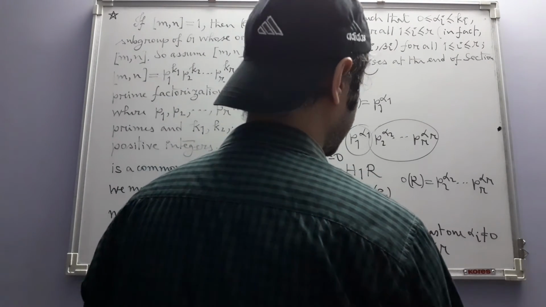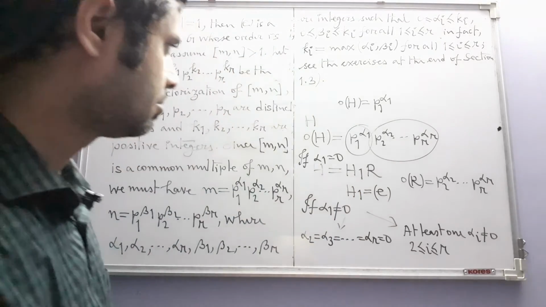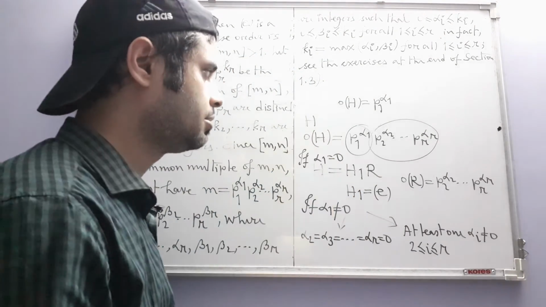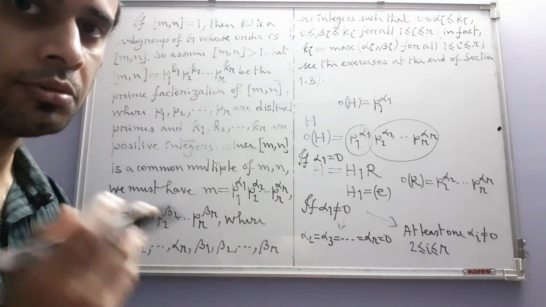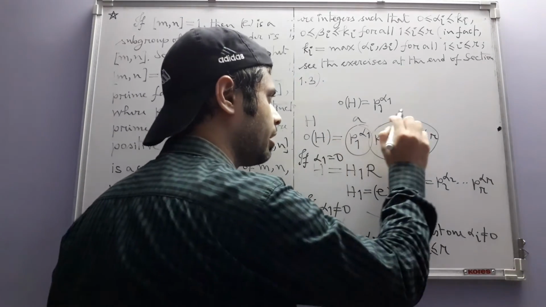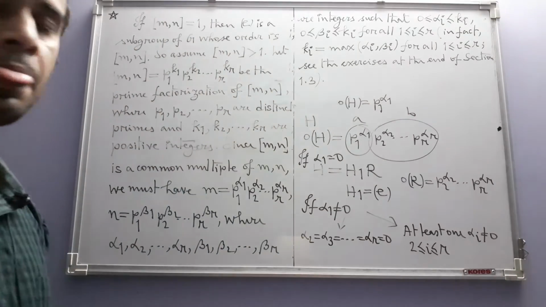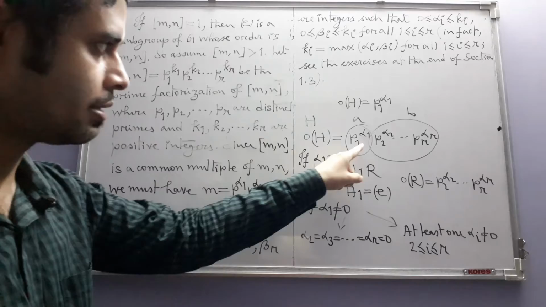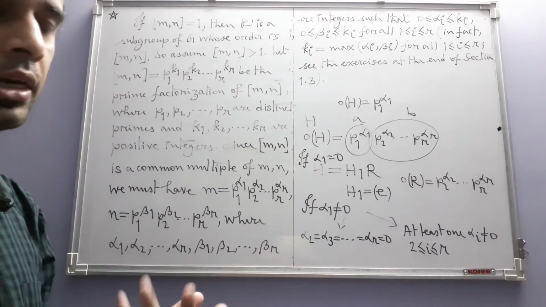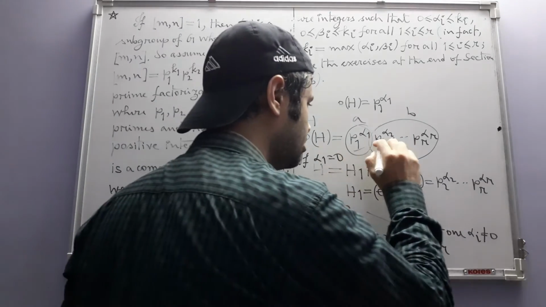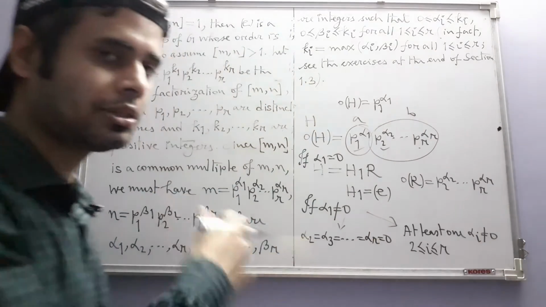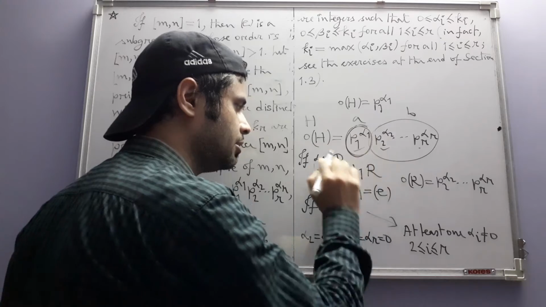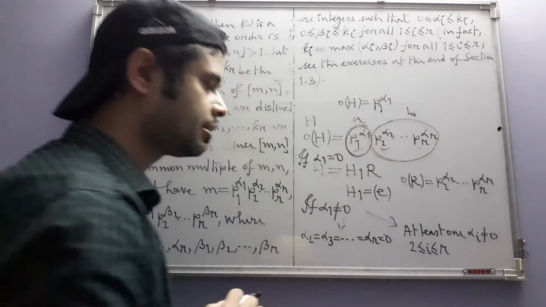In the other case, you are able to write the order of H as a product of two integers A and B, such that A and B are both greater than 1 and they are relatively prime. Why are they relatively prime? Because p1, p2, pr, all these are distinct primes. So there is no common factor between this number and this number other than 1.